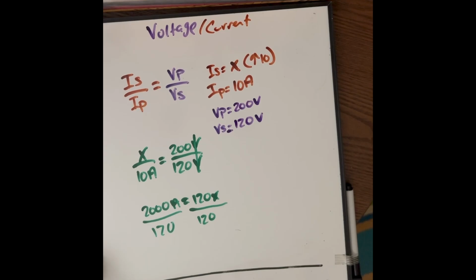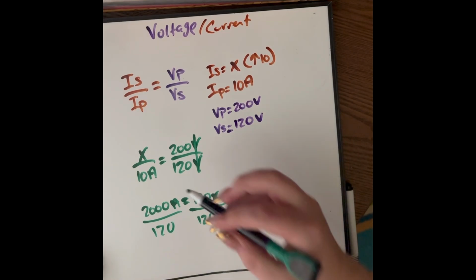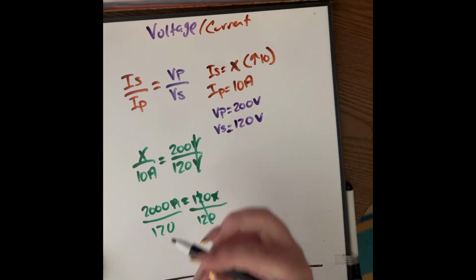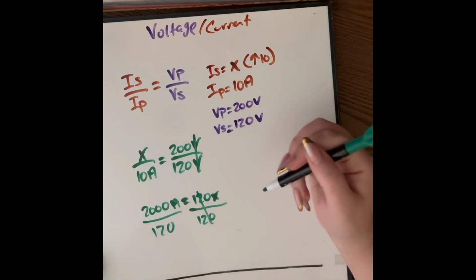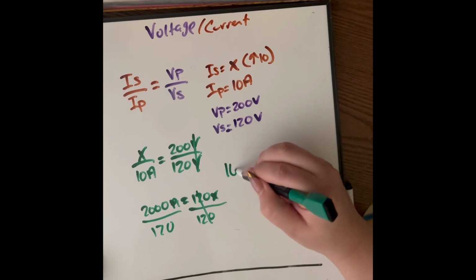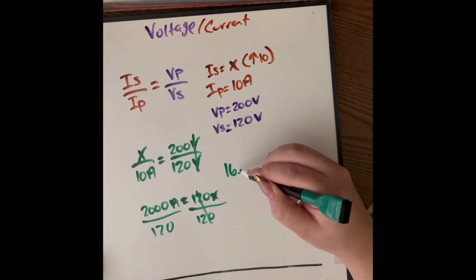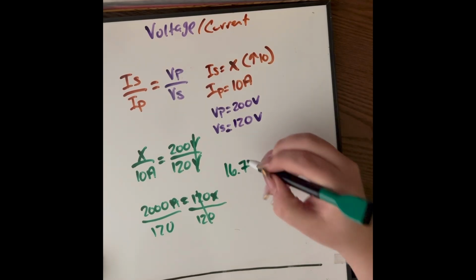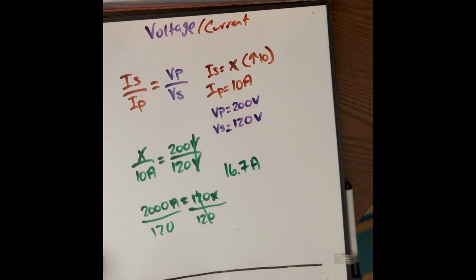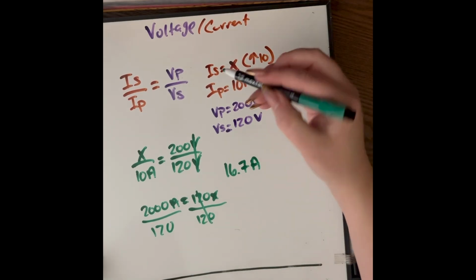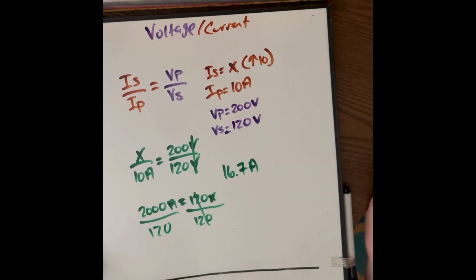Yep. And we're going to divide that by 120. My 120s are going to cancel out, and I'm going to end up with 2,000 over 120 equals 16.666666. So I'm going to say 16.7 amperes. So yes, my number or my current did end up being higher than 10.